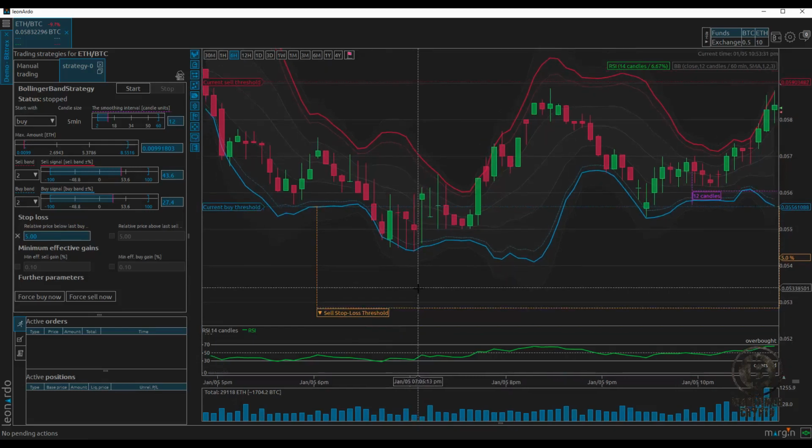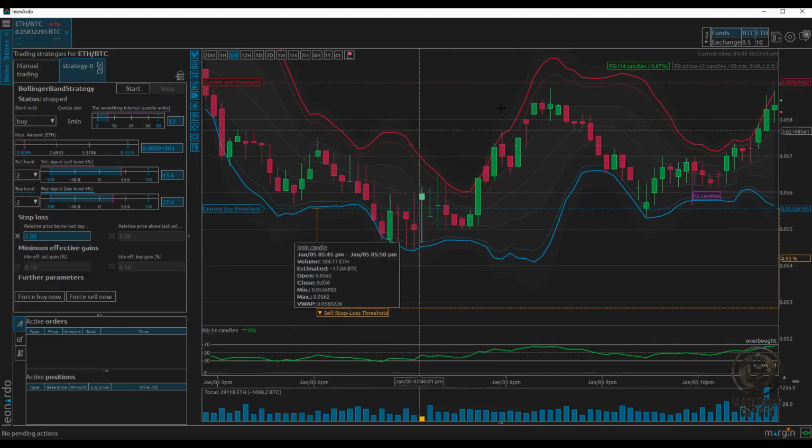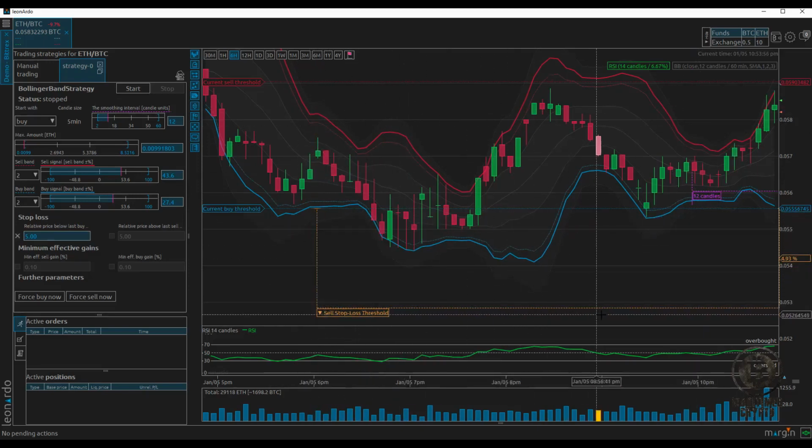So this is a great way to try to recover from low dropping prices. What the bot does here is it takes into account what the buy threshold is, what the buy signal is, or the last buy, and if the price drops below this signal, it will then sell to protect you. And you can see on the graphic, it shows you a nice little feature here that tells you exactly what it is, so you know what to expect.